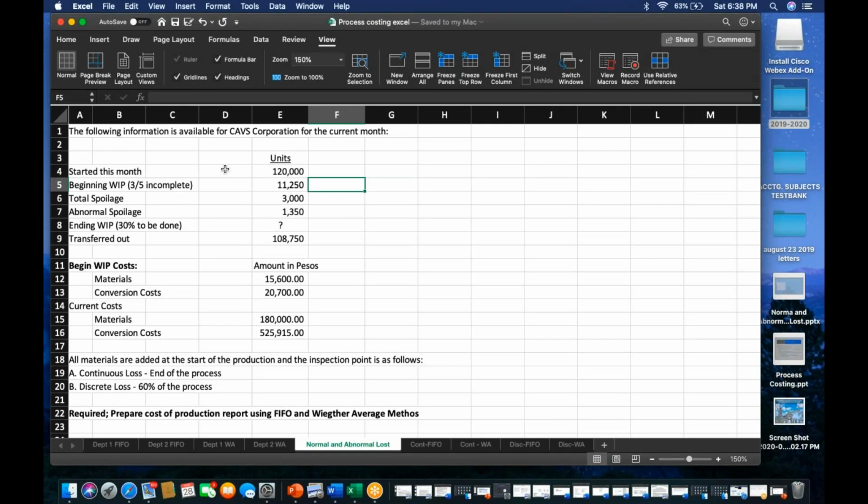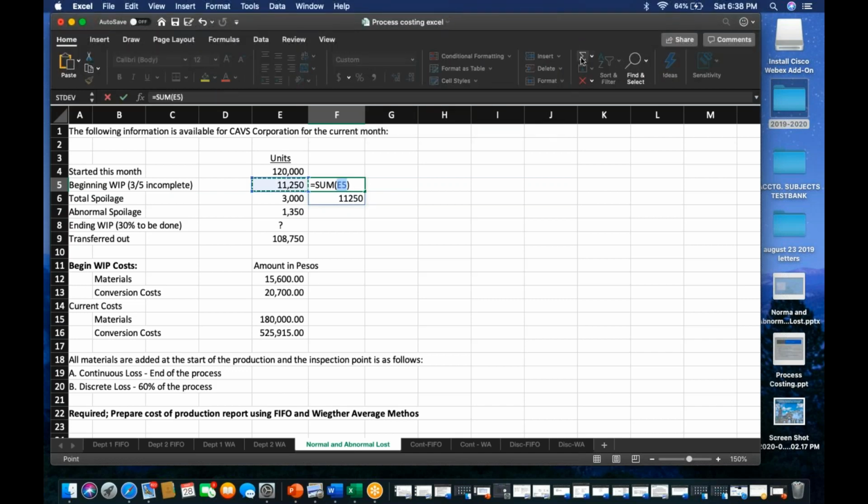Okay, ulit. The following information is available for Cubs Corporation for the current month. Started this month, 120,000 units. Beginning work in process is 11,250. So we are accounting for a total of 131,250 units.